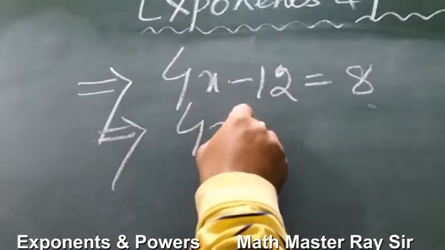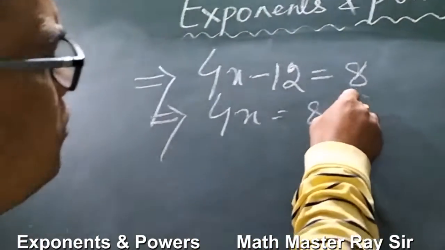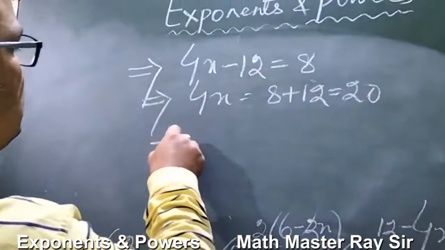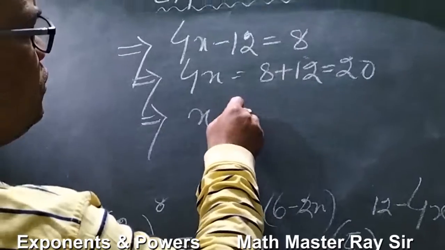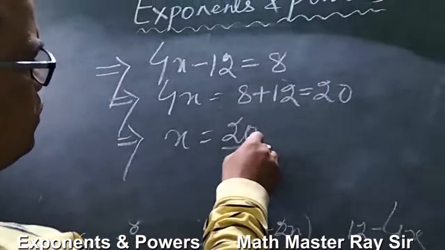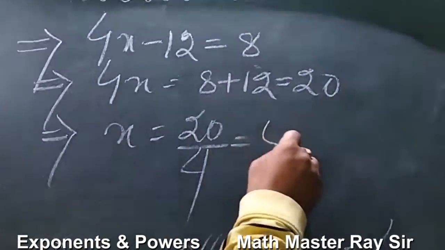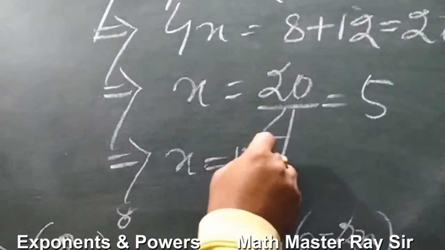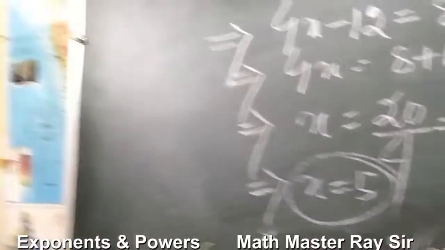That implies 4x equals 8 plus 12, that is 20. X will be 20 divided by 4, that is 5. Finally, the value of x is 5.